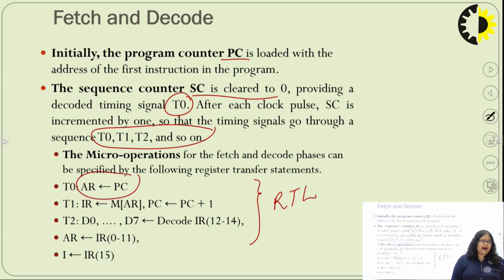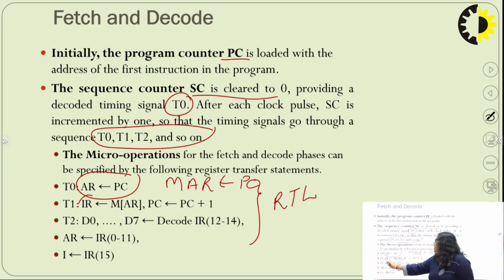AR is the address register, also known as the memory address register, whose mnemonic is MAR. The PC has the address of the instruction that we want to execute. So the PC holds the address of that particular instruction.